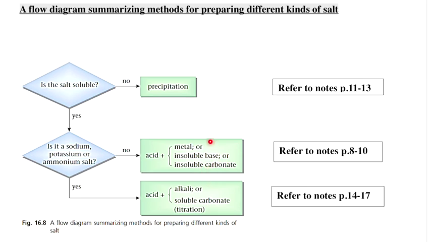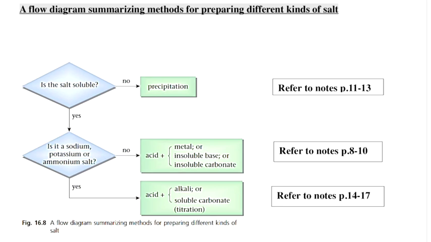And remember, we need to put the solid in excess to make sure we have used up all the acid in this mixture. Okay, so we can easily filter away those unreacted excess solid, and then we can dry our target salt.